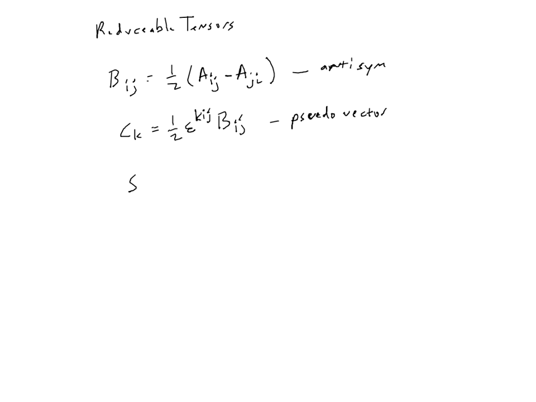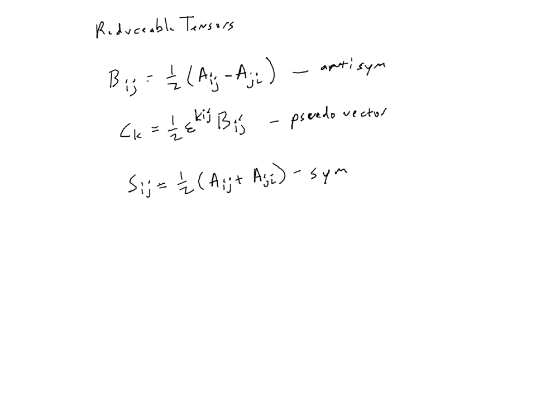We can also create a symmetric tensor by simply, instead of subtracting, adding together the A_ij's. And so this is a symmetric tensor.